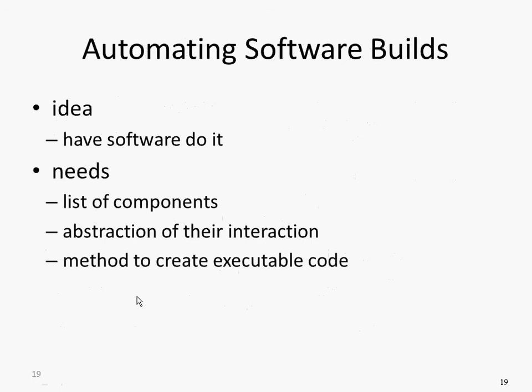And then we need some way of saying, if one of these things changes, we have to recreate the component that depends on it. So if that .c file changes, maybe we have to recreate the .o file, the object file, and then if that changes, we have to recreate the executable file.